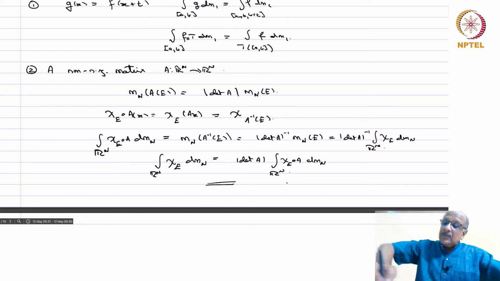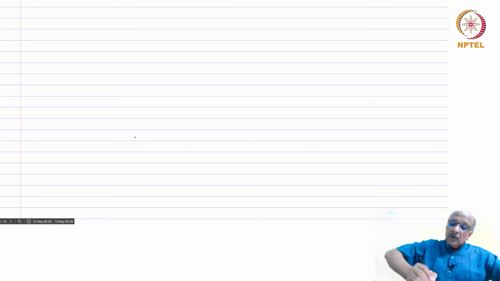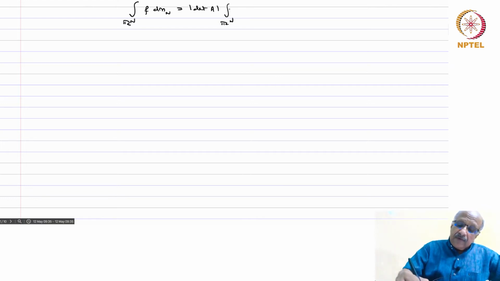So our aim in this chapter is to generalize this to arbitrary transformations. Of course, not all arbitrary transformations are possible. So we will see what you have. The previous one, as I said, is that the integral over Rn of f dmn will be equal to mod determinant of A times the integral over Rn of f composed with A dmn.